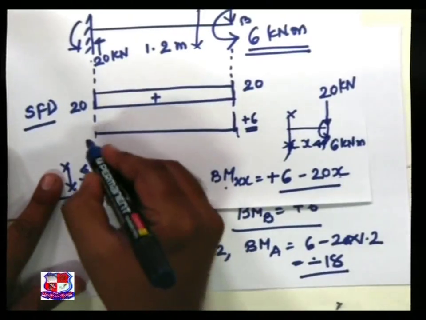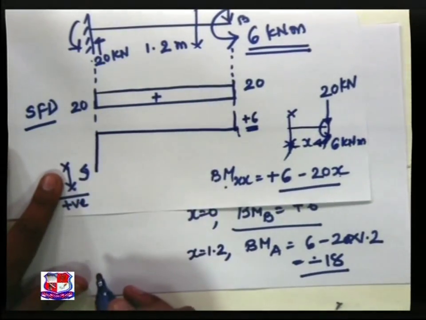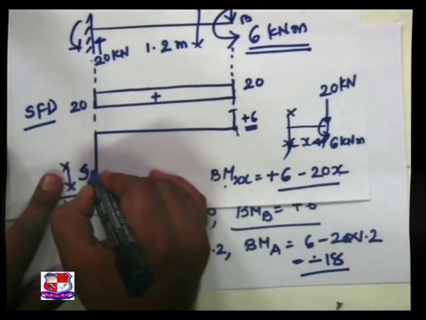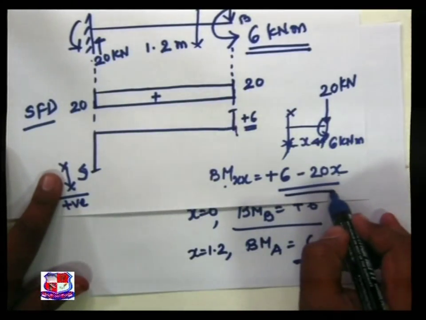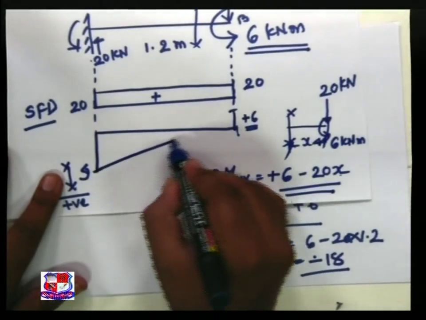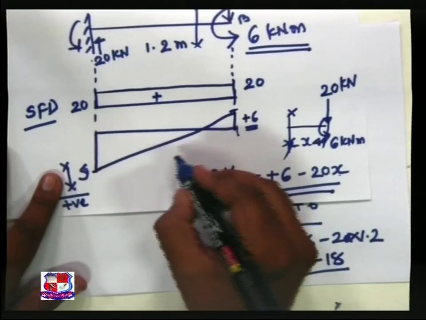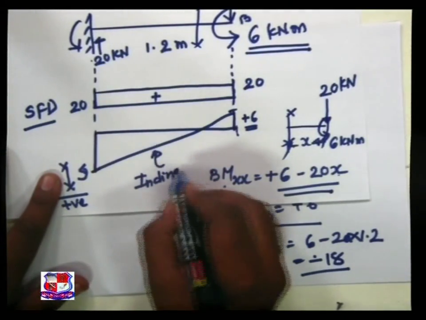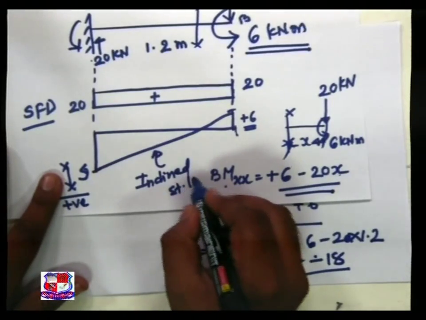So this is 18 with a minus sign. I have to join these, and see this equation, linear, an inclined straight line.